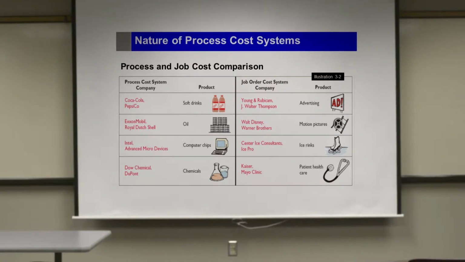Similarly, if you are a company like Intel, which makes computer chips, a particular computer chip will be very similar to other computer chips at the same level. Similarly, when you make chemicals, you can use the process order costing system because those chemicals are very similar. One unit of chemical is similar to the other unit of chemical that is being produced at that time.